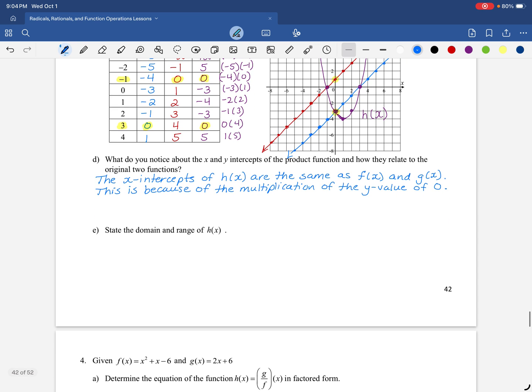Okay, so there's not a lot to be said here. We will just indicate though, the y-intercept of h of x is the product of f of x and g of x y-intercepts.